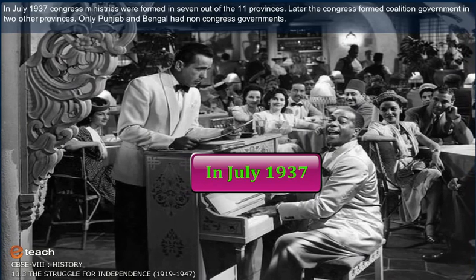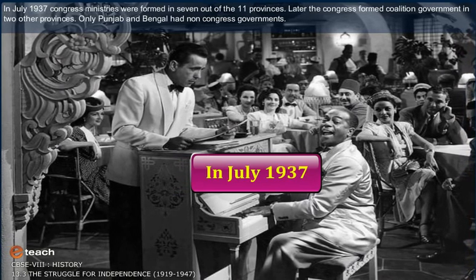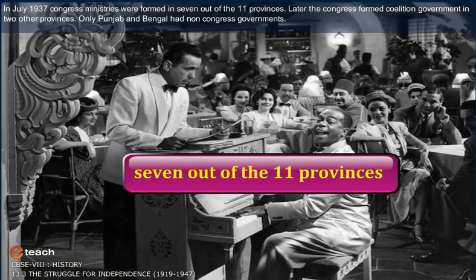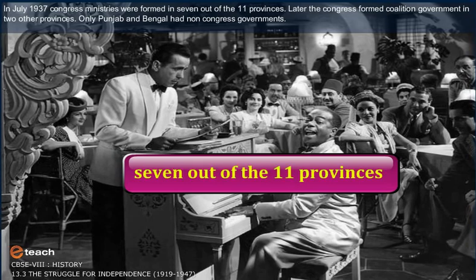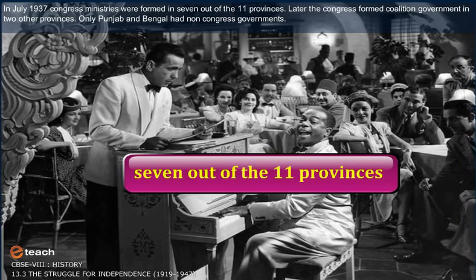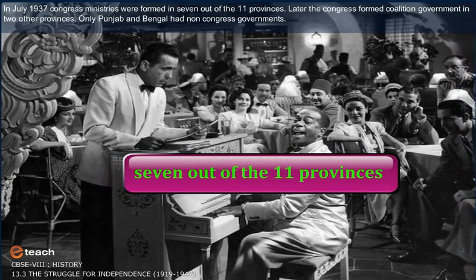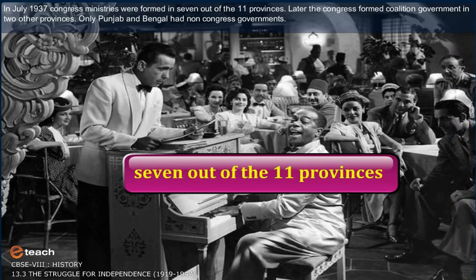In July 1937, Congress ministries were formed in 7 out of the 11 provinces. Later, the Congress formed coalition governments in 2 other provinces. Only Punjab and Bengal had non-Congress governments.